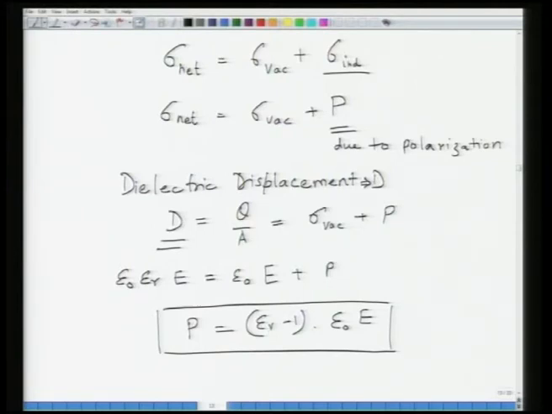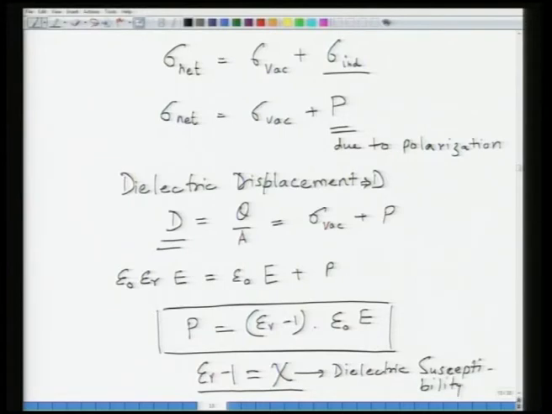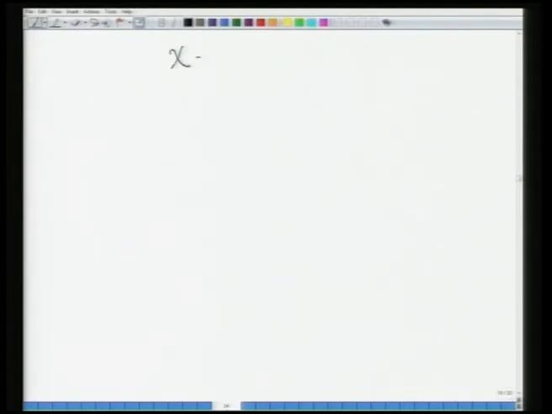This epsilon r minus 1 is called chi, and this is called dielectric susceptibility. So, chi is equal to epsilon r minus 1, which is equal to P divided by epsilon naught E. What basically is dielectric susceptibility?